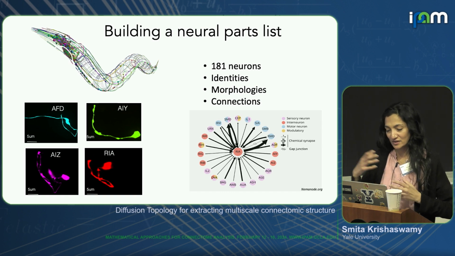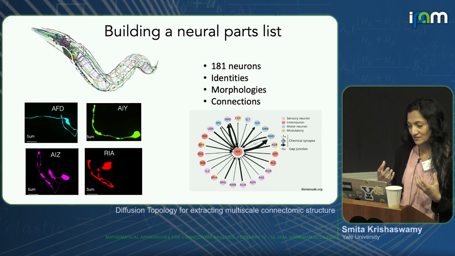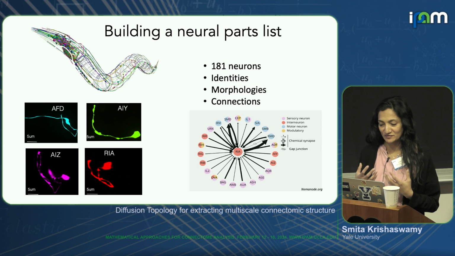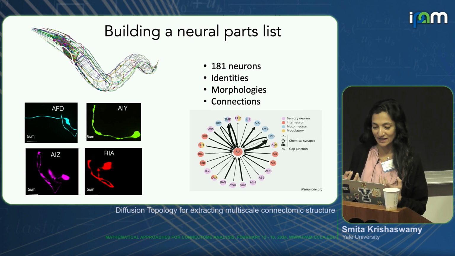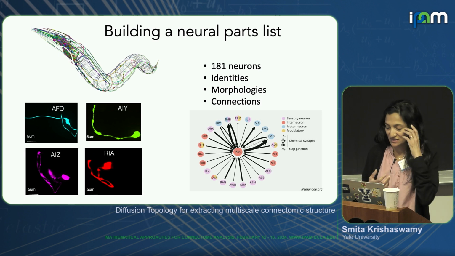I think that's kind of the perspective that I'm coming from. So when I think about connectomics in neuroscience, what I think of is kind of building a parts list in a way and seeing how they all work together, in a vague way, like a computer system.